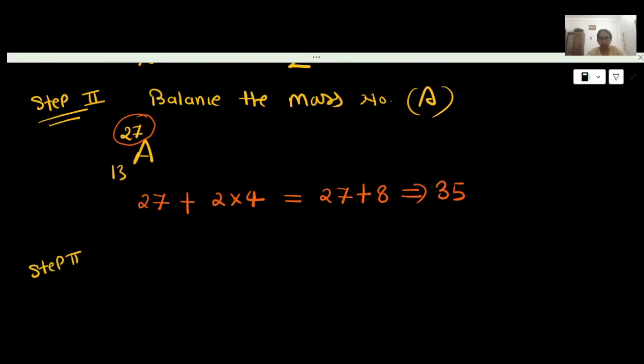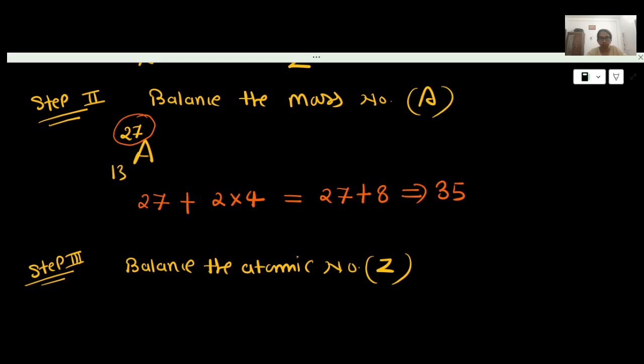In step three, we will balance the atomic number Z, right?